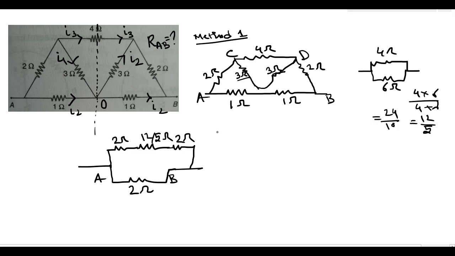So the equivalent of these three resistances, that is 2 plus 2 plus 12 by 5, that is 4 plus 12 by 5. This is equal to 32 by 5 ohm.